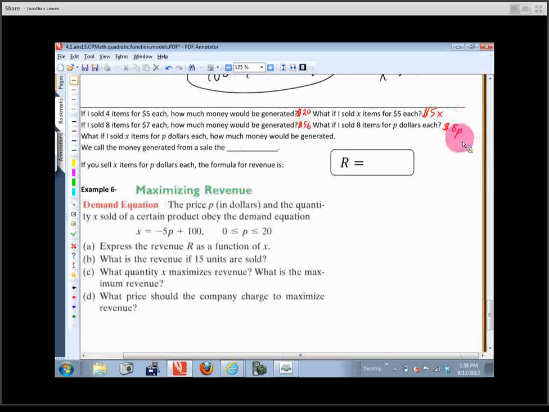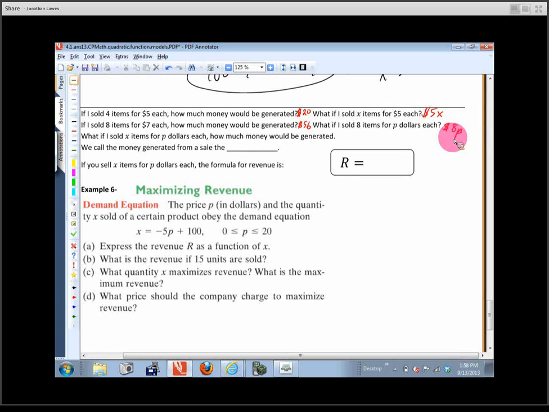On the first one, I didn't know how many I sold, but I did know the price. On this one, I don't know the price, but I do know how many I sold. So here, the number that I sell is the variable, and here, the price I sell it for changes. So if I sold 8 items for $6, 48. If I sold them for $2, 16.